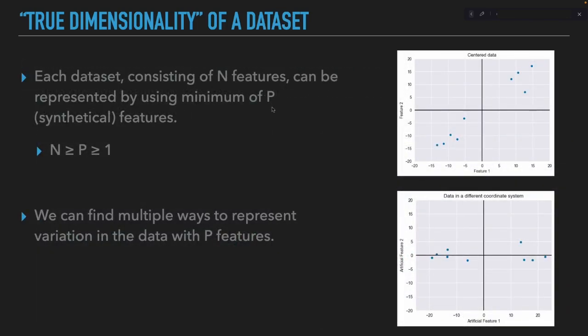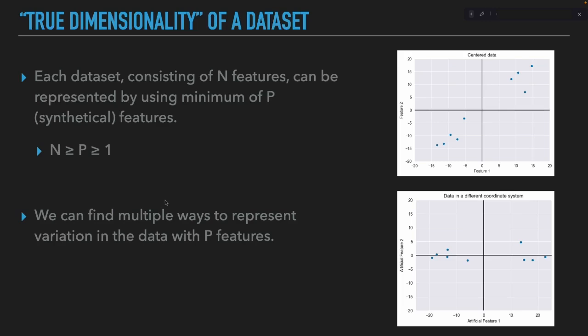And let's formalize this a bit. We can say that each dataset consisting of n features can be represented by using a minimum of p synthetic features, where p can take any value between n and 1, including n and 1. And in most cases, p will actually be equal to n, but not always.